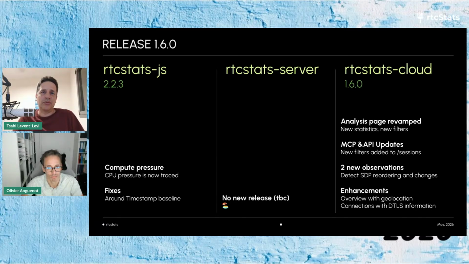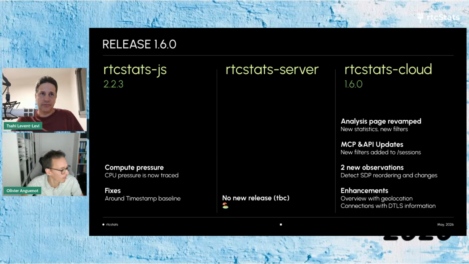Let's move to the thing that we usually show, and that would be rtcStats Cloud. I think we want to talk about two things out of the four. We'll start with the second one and then go play with the first one. The MCP server that we have and the API that we now use have been updated. There are new filters for sessions, and it's just better to use it now.